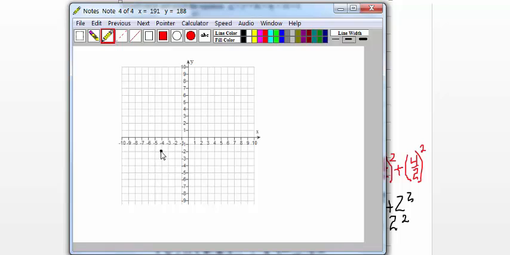And in this program I'm using, I can draw a circle very nicely. I want the circle to have a radius of 2. So that means from the center, I'm moving 2 units. All points are 2 units away from the center. So that would be approximately what my circle would look like.